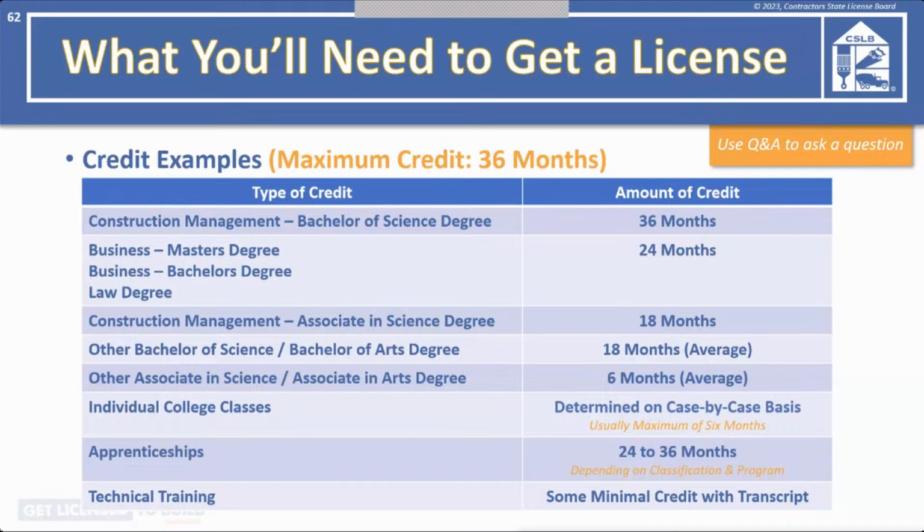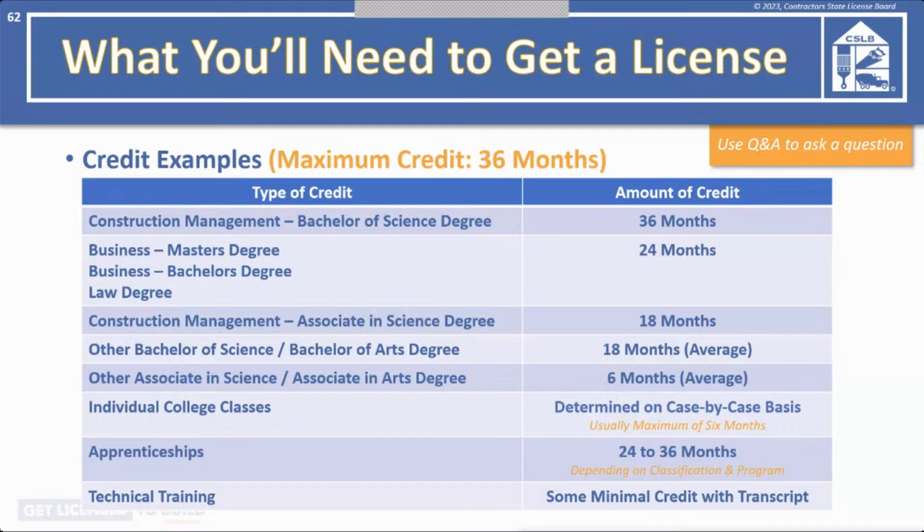Would 1 or 2 years of experience be sufficient from a local ROC program? Once again, it depends on the program. If it's high school level, it's not going to count because you're under the age of majority. So once again, as in many of these general questions, we would need to know more.